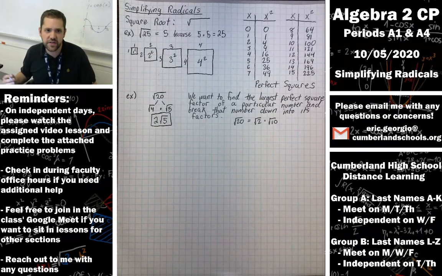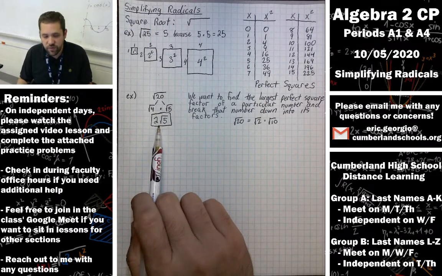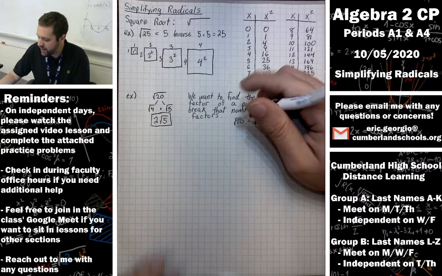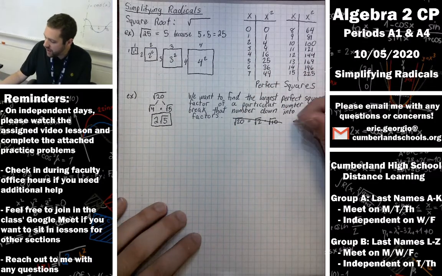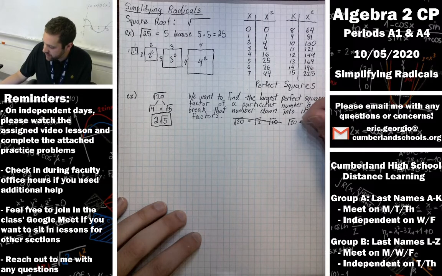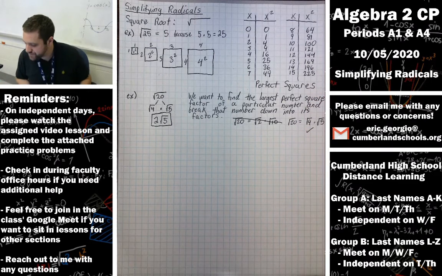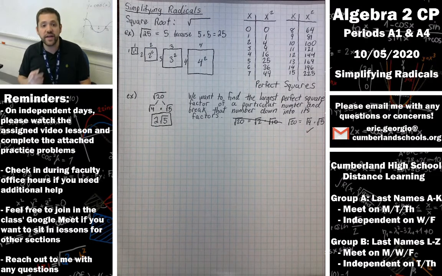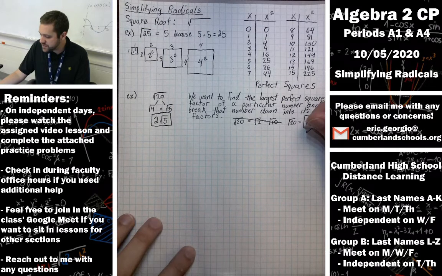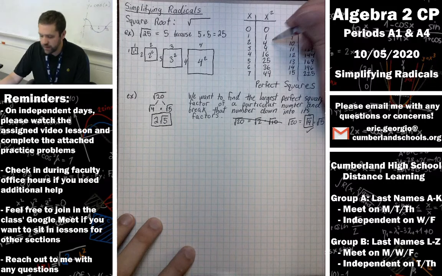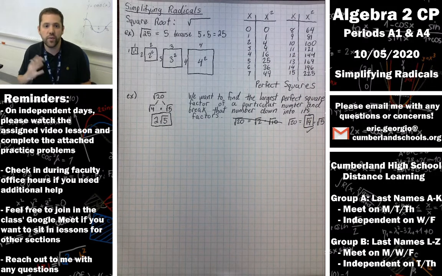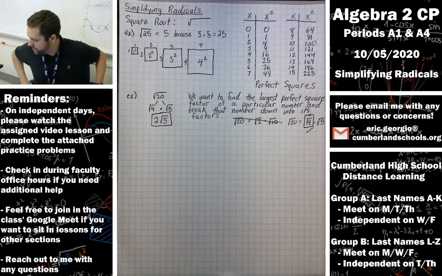The square root of 2 is also a decimal. It doesn't help us rewrite it in a simpler way, all right? So I would not choose to do that. I would instead say the square root of 20 is the square root of 4 times the square root of 5. This I like. Because breaking it down in that way allows us to use this perfect square right there and say, oh, we can rewrite that in a cleaner way.